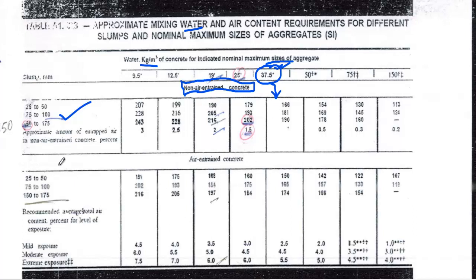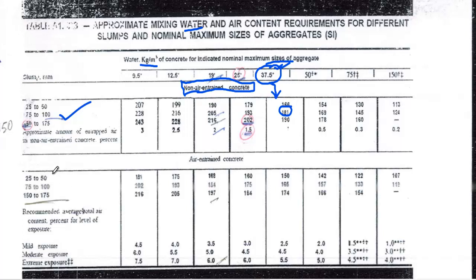What is the slump value? 75 to 100. That is the range they were talking about, right? Have a look. If it is 75 to 100, usually the water in kg per meter cube is how much? 181, right?